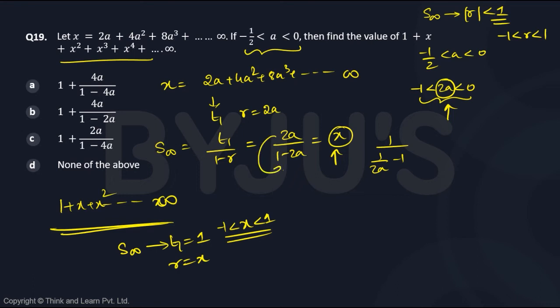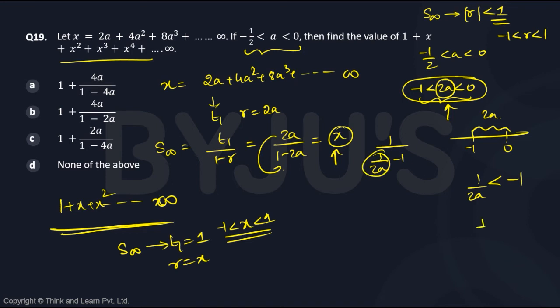Now what happens? Because my 2a is in this range, -1 to 0, this is the value of your 2a. Now 1 by 2a will be definitely in that case a value which is less than -1.